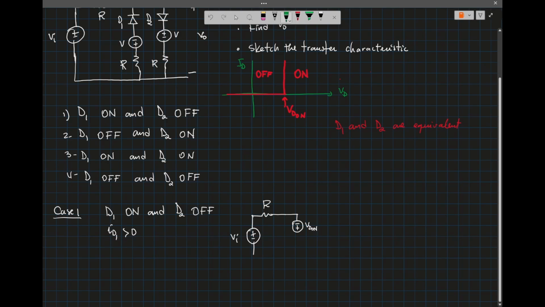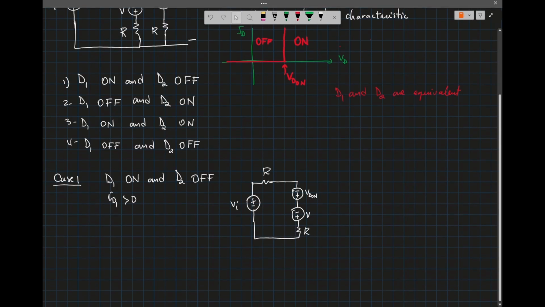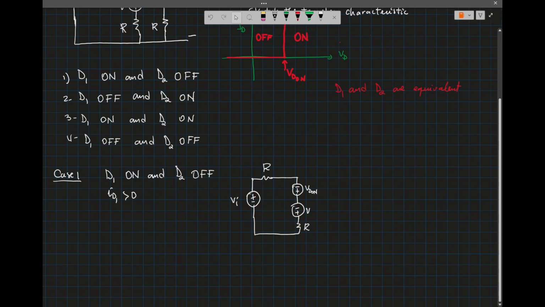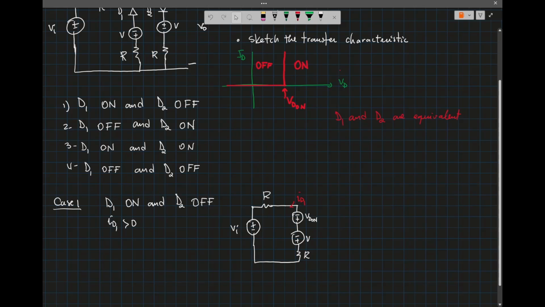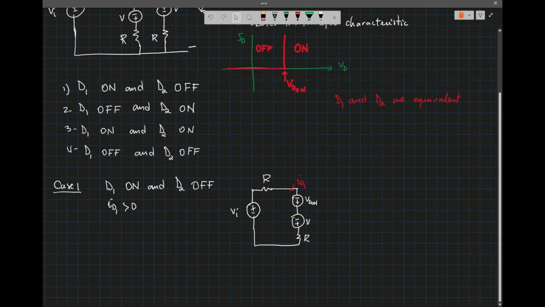Then we have the bias voltage, which is V, and we have the resistor. The direction of the diode current will be this, ID1. Okay, so the diode is facing that way.